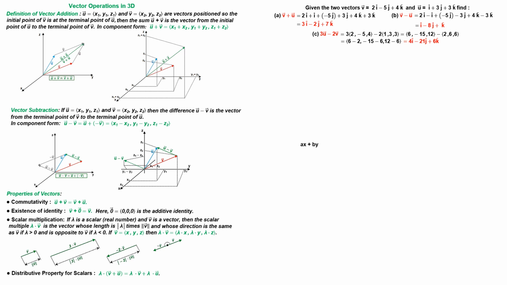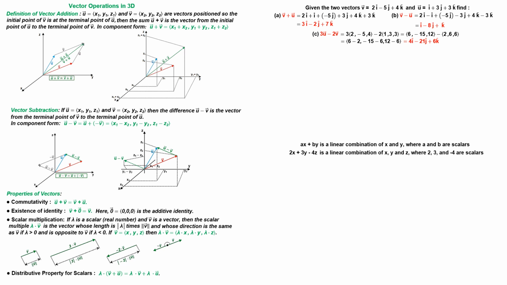For example, the expression ax plus by is a linear combination of x and y, where a and b are scalars. Another example is 2x plus 3y minus 4z, which is a linear combination of x, y, and z, where 2, 3, and minus 4 are scalars.